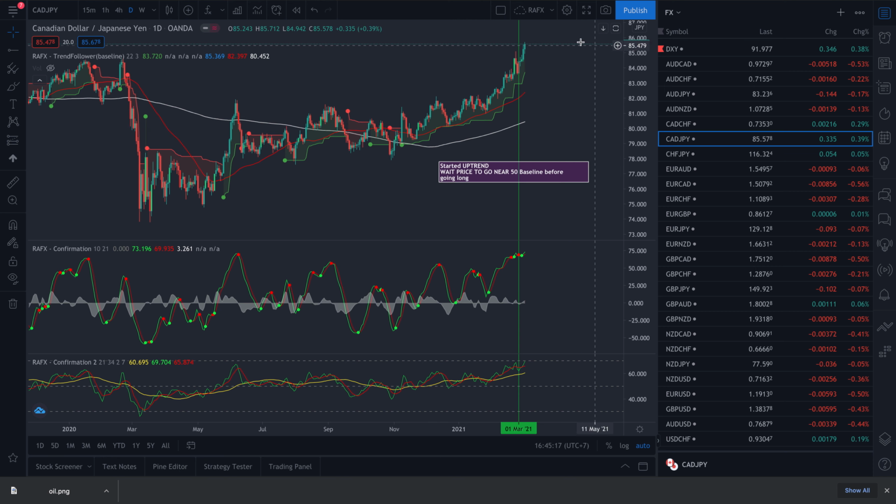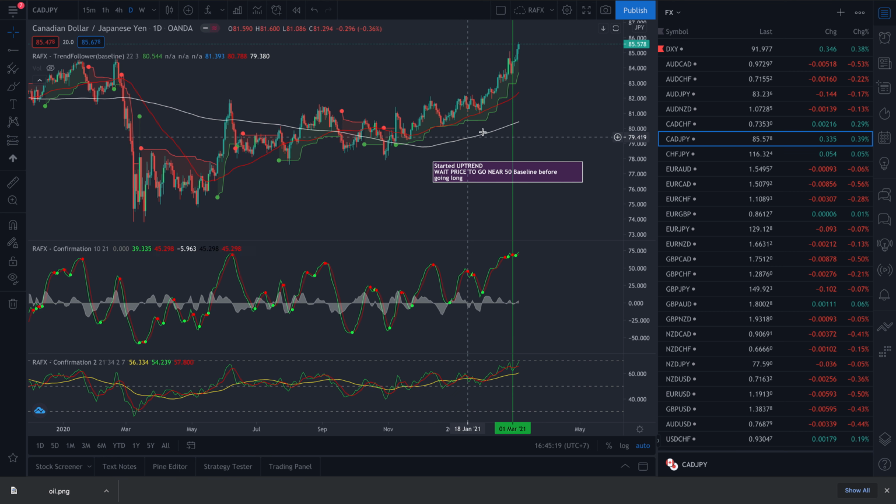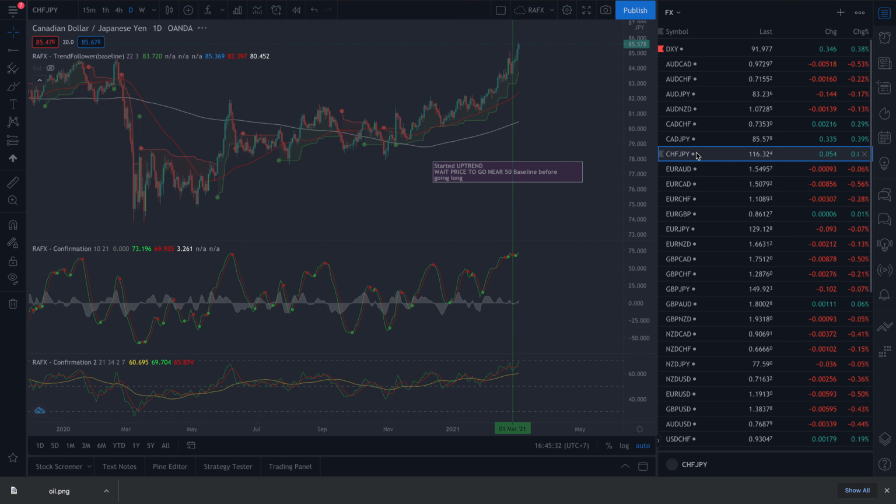Next is CAD JPY. The same: although it's in an uptrend, the price is far from the market structure, which is the 50 baseline. Moving on.